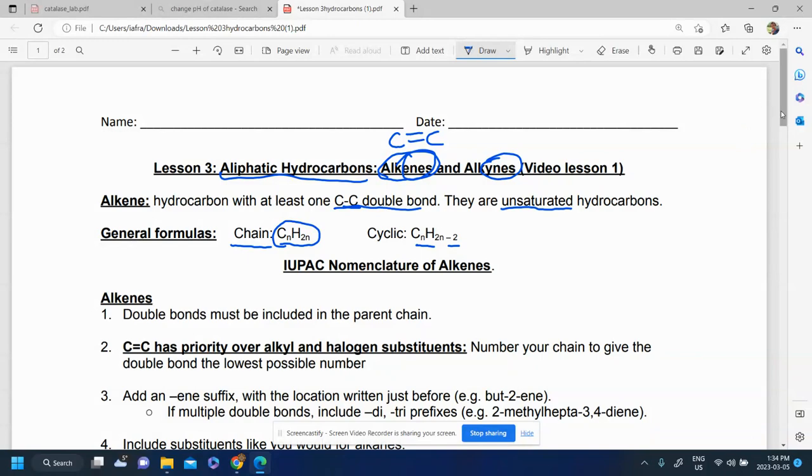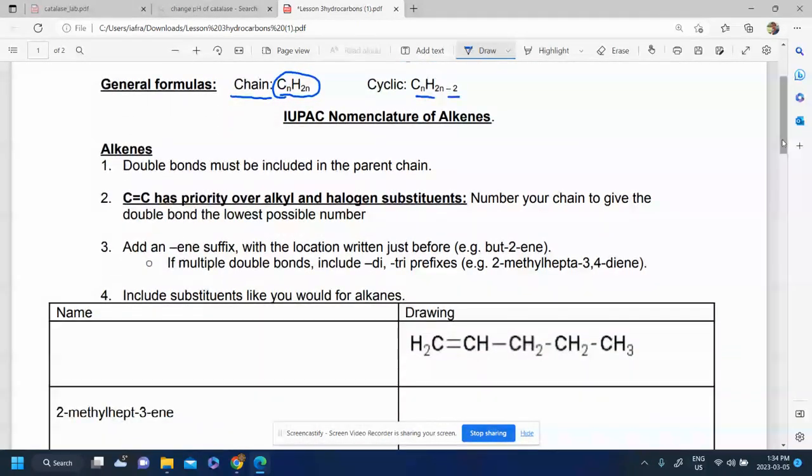So how do we name alkenes? Well, this is a list of rules over here. It's very similar to naming alkanes, but there's a new rule introduced, and that's the priority rule. Essentially, your parent chain does need to be the longest chain, but it has to be the longest chain that contains the double bond. And your double bond actually has priority. You want to number your parent chain such that you give it the lowest number possible.